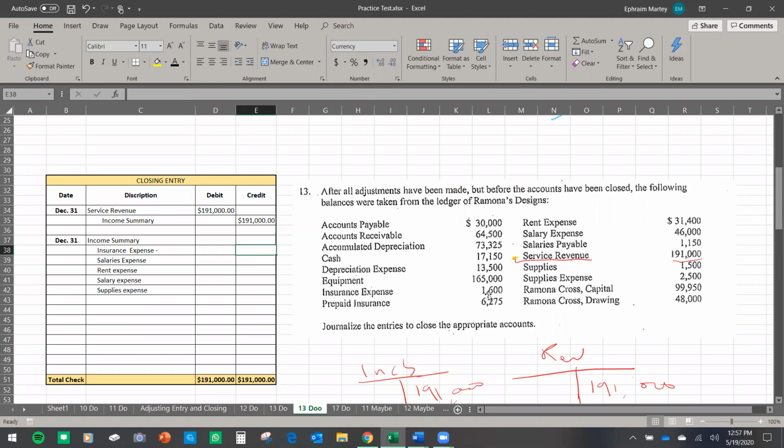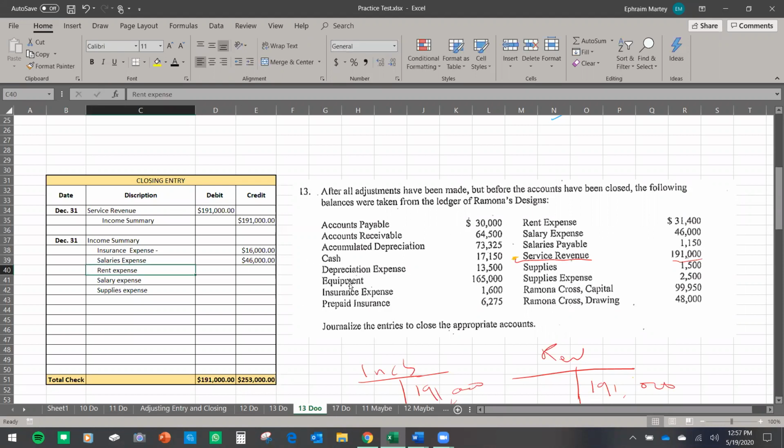We have it here, 1,600. So we put in 1,600, and then salaries expense. How much is salaries expense? That was 46,000 of salary expense. Okay, so we're going to put 46,000 here, and then we have rent expense.